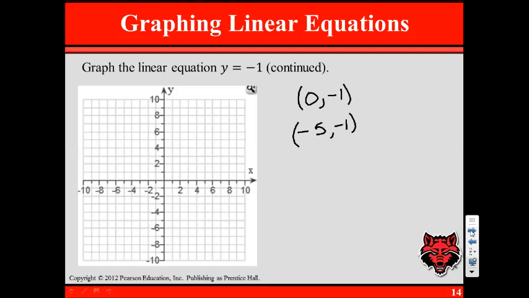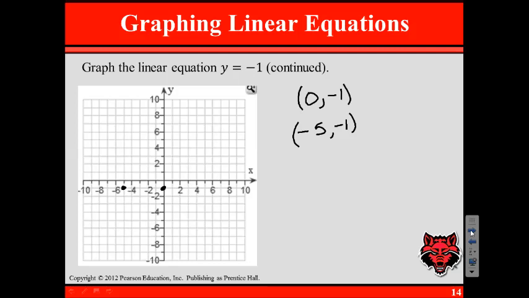Once we have 2 ordered pairs, we can plot those ordered pairs and graph the equation. So we start by plotting 0, -1. We move 0 in the left, right direction, in the x direction, and we move down 1 unit. For -5, -1, we start at the origin and we move 5 units to the left, 1 unit down, and we place a point.